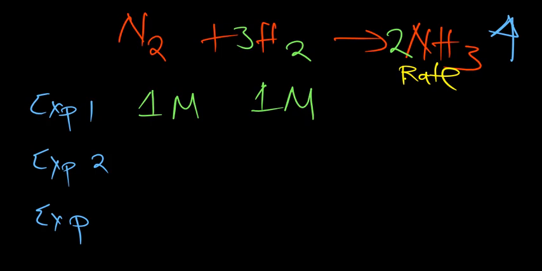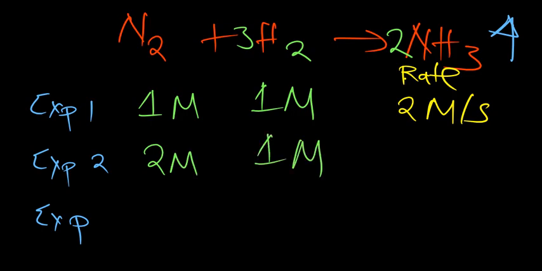Okay, so let's say the rate for the first experiment was measured to be 2 molar per second. In the second experiment they decided to double the nitrogen concentration and maintain the one for hydrogen. They observed that the rate was twice, and then for the last one they did the opposite.